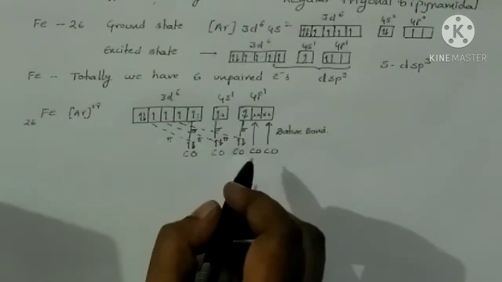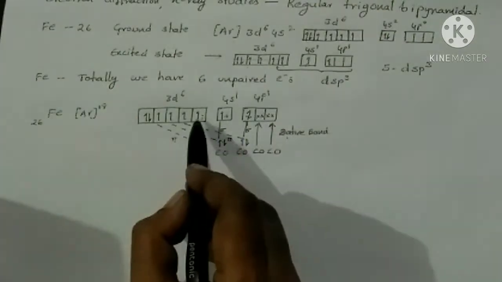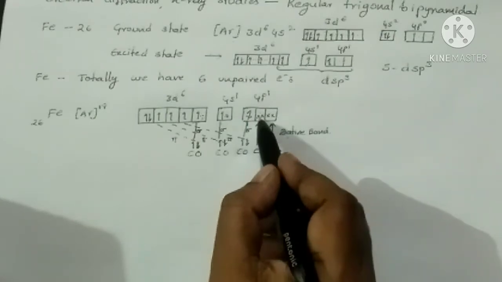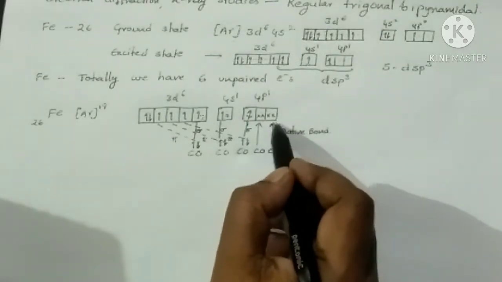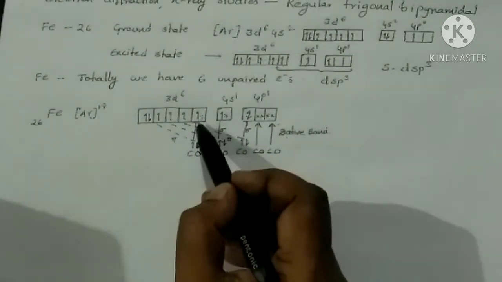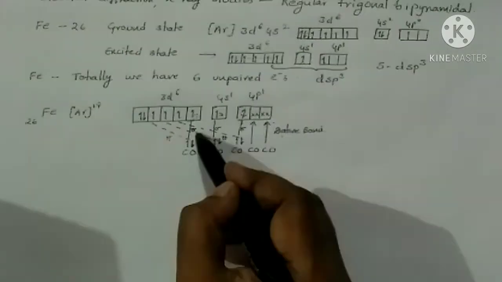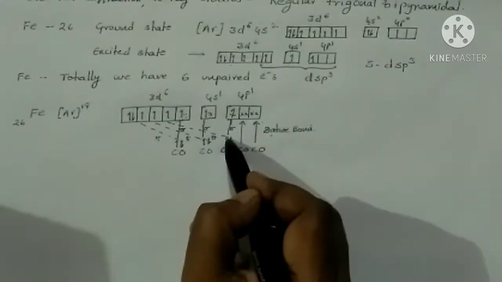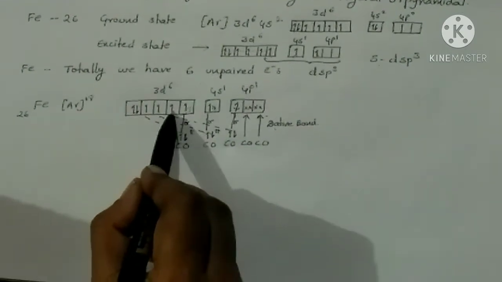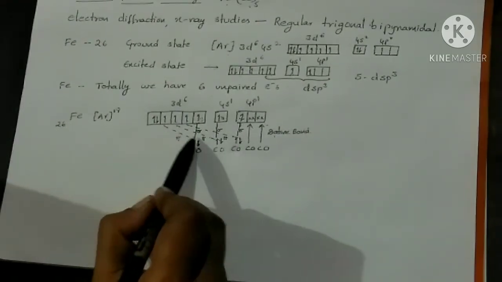Okay, understood? Here we can see 3 types of bonds. One is dative bond, that is formed out of the 5 dsp3 hybrid orbitals. The 2 vacant orbitals form dative bonds, and 1 4p, 1 4s and 1 3d orbital having dsp3 hybrid orbitals with single electrons pair up with the electron from carbon monoxide molecule and form a sigma bond, while these 3 pure 3d orbitals pair up with the other electron left with carbon monoxide molecules and form a pi bond.